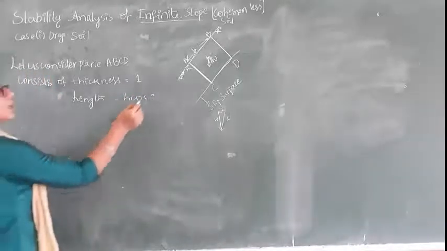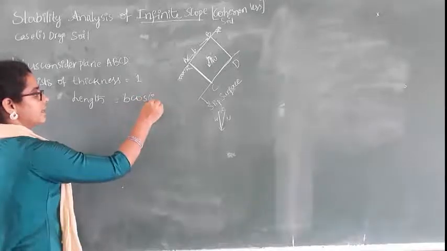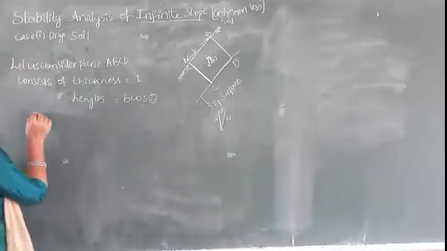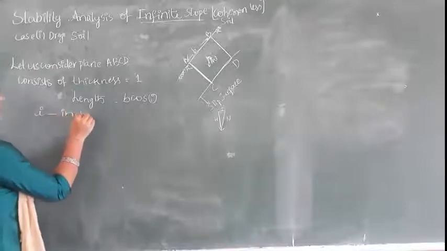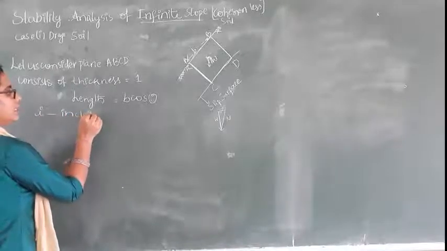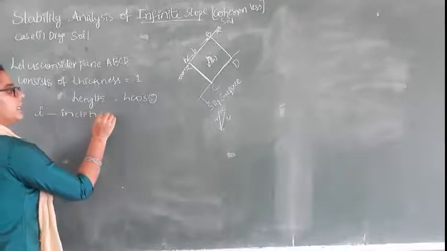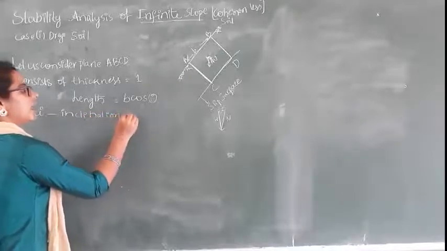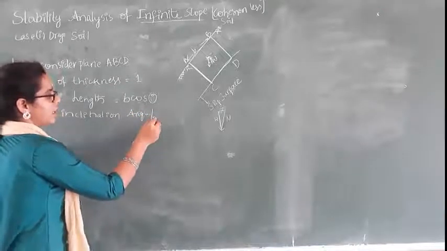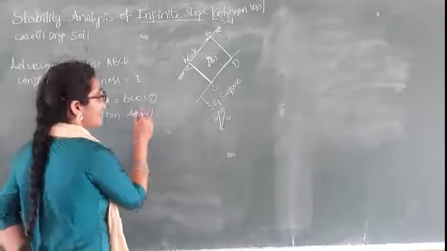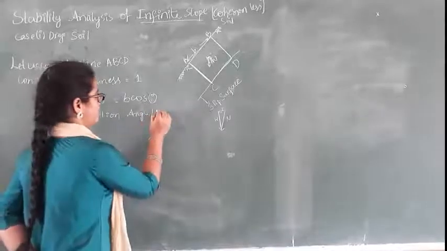What is i here? i is the inclination angle, or angle of slope, the angle made by the slope.